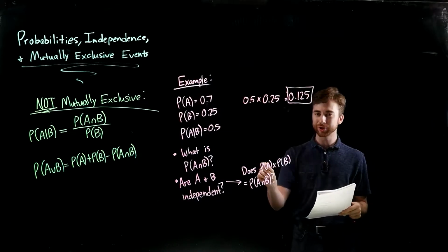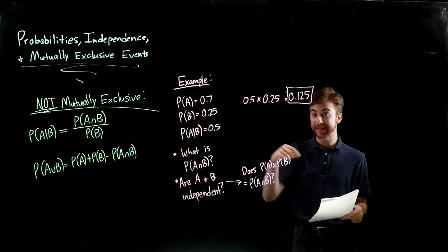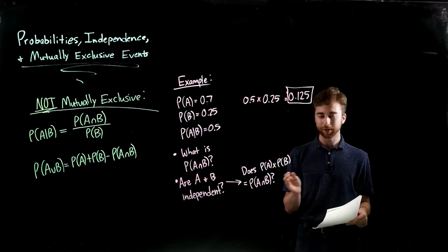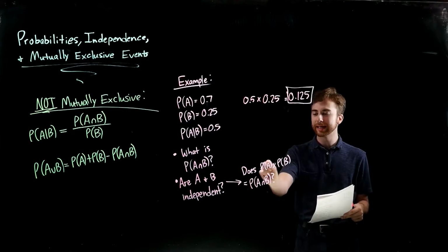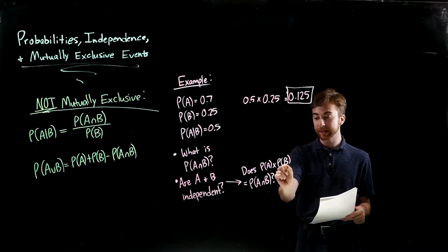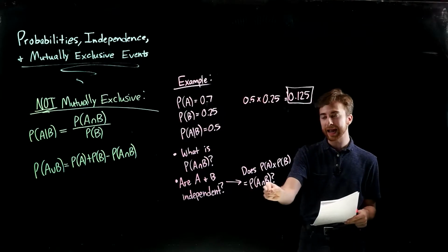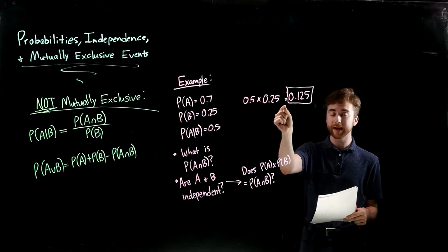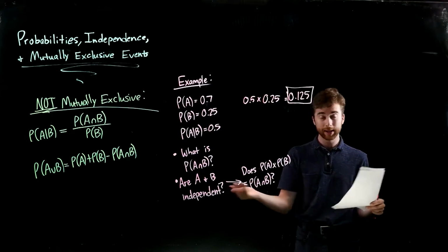So one thing we can check to make sure that it was a good thing we didn't just do P of A times P of B, which was that independent formula, is we're asked, are A and B independent? Okay, well, we had all those formulas that were listed under the independent category, right? So under the independent category, P of A times P of B equals P of A and B. If I can plug in just P of A times P of B and it gives me this P of A and B that I just found, I know they're independent because when I plug it into the independent formula, it checks out perfectly.